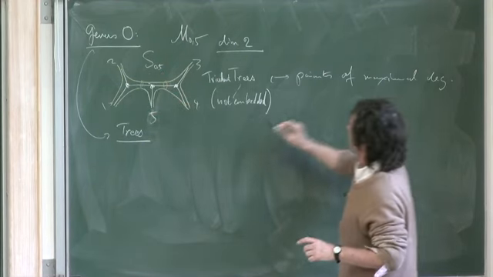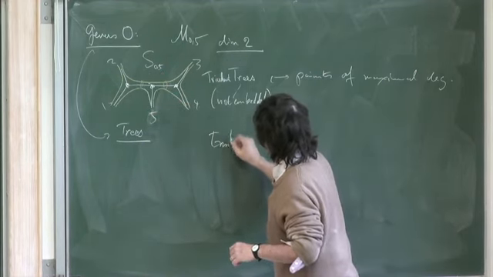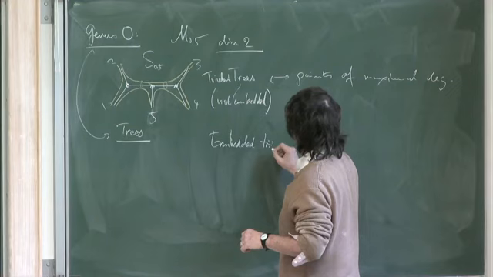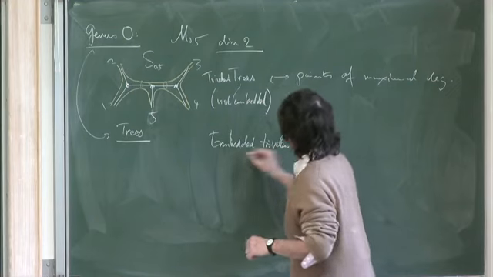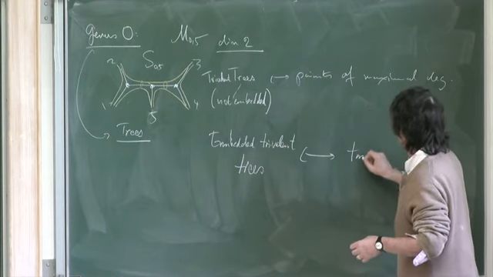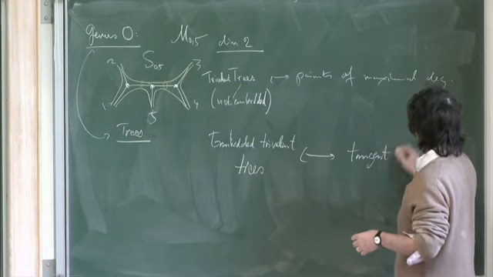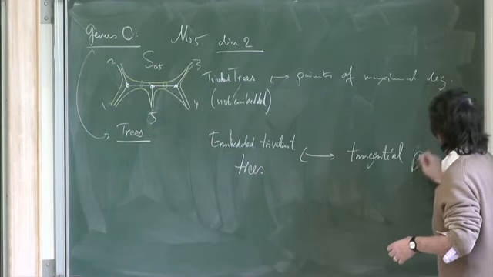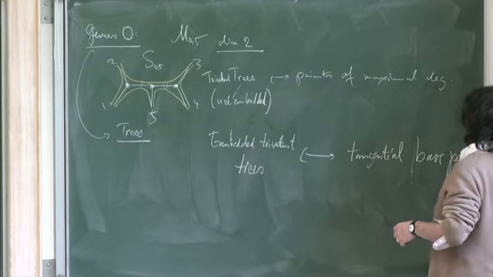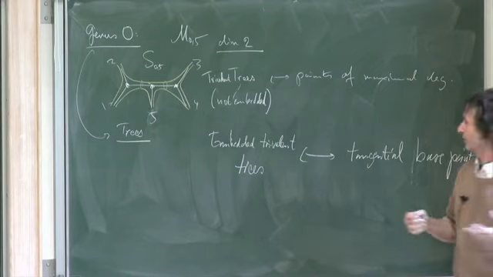So the embedded trivalent trees correspond to precisely tangential base points. Why? Because how do you enumerate the embeddings of a tree?